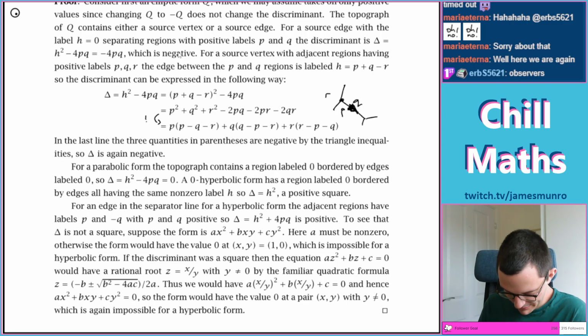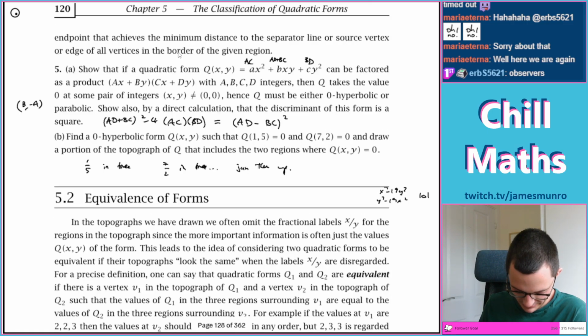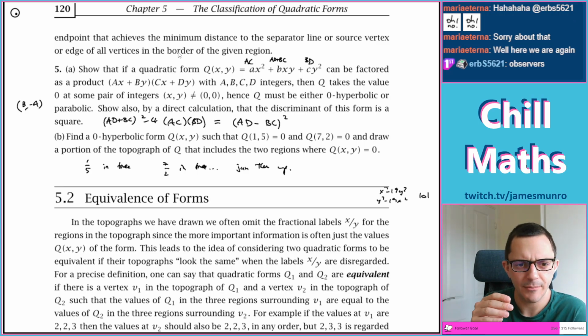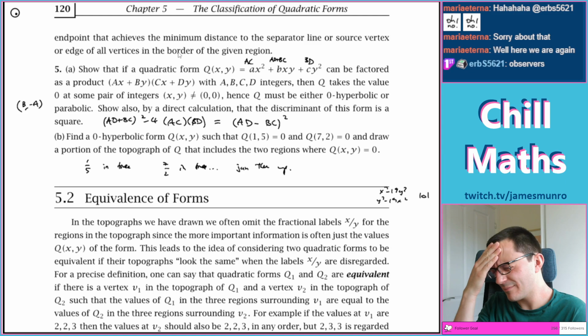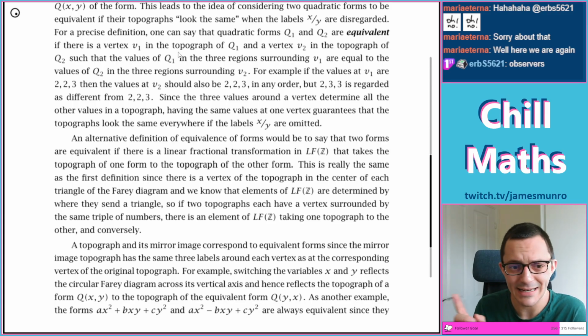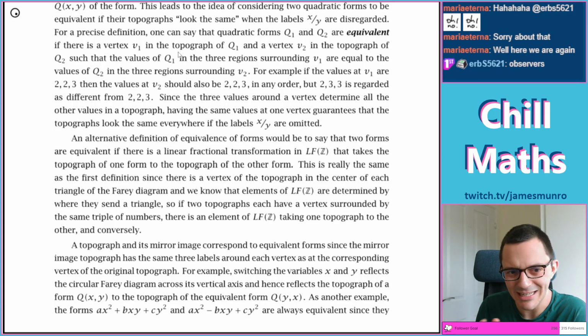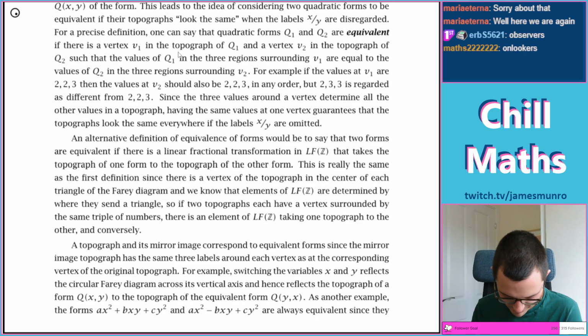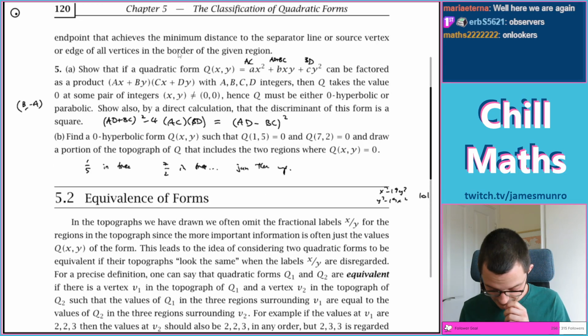I remember we're looking at a calculation somewhere in here. Okay, here's the equivalence of forms, where we had delta and we were adding on numbers and trying to make things we could factorize, giving sort of finitely many possibilities. I'd like to see that again, because I remember it being interesting, but I've forgotten what it was. Okay, so equivalent forms, here we go.